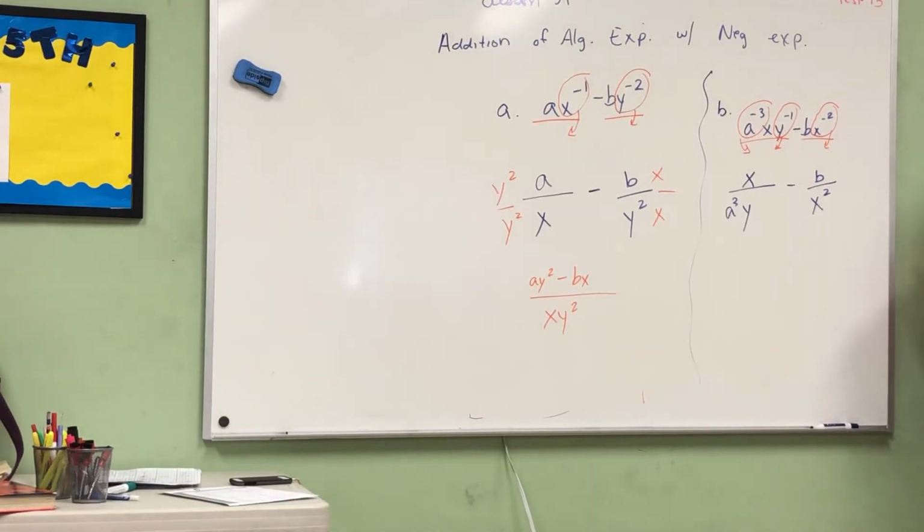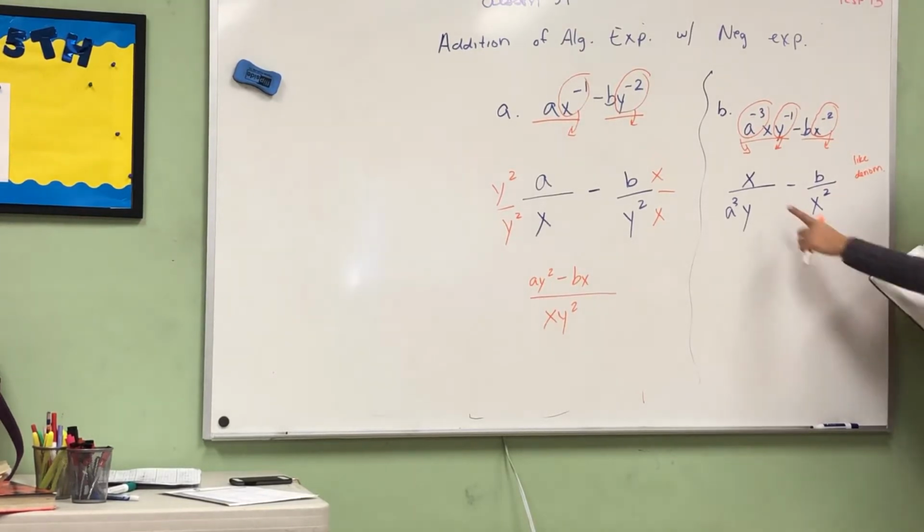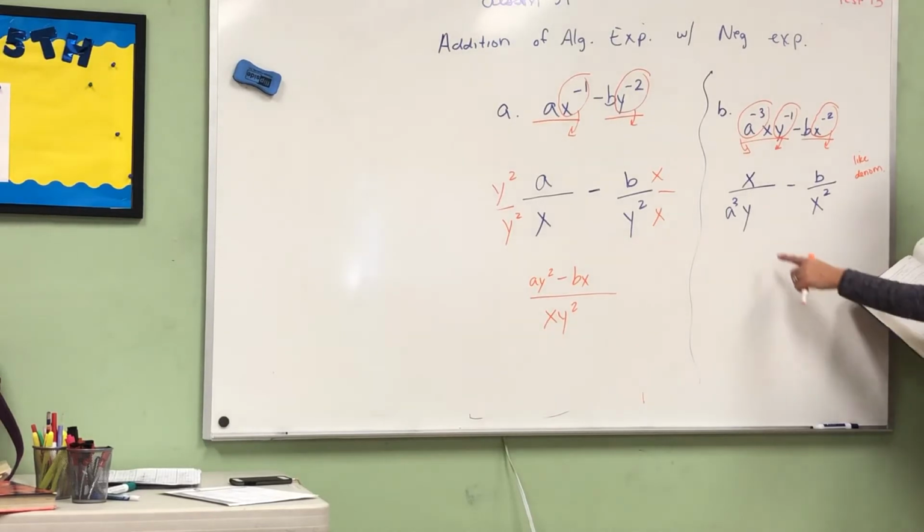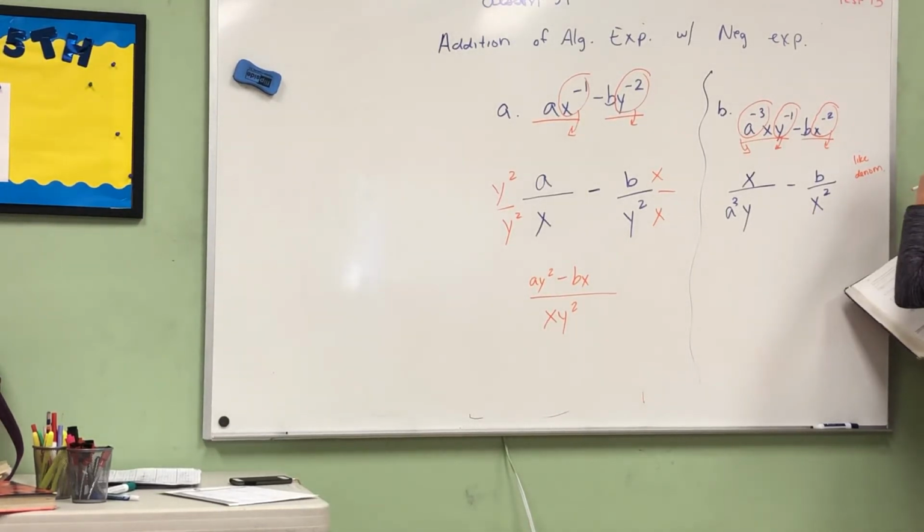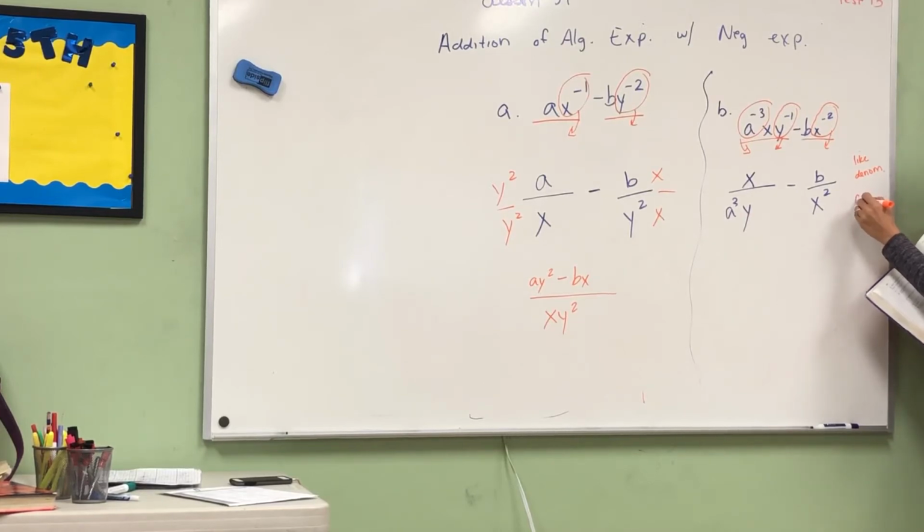To combine these, I need like denominators. So what should I multiply by this one? You're just cross multiplying. I want to get like denominators. What is my like denominator going to be? Your like denominator is going to be a cubed x squared y. Right. So what does this one need?